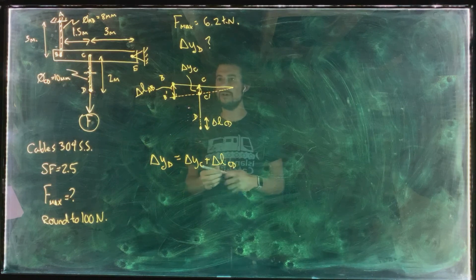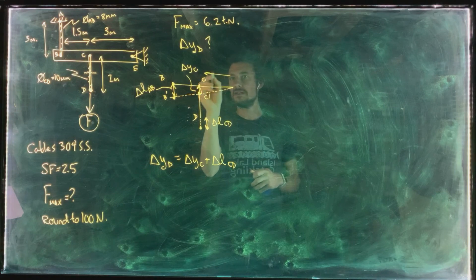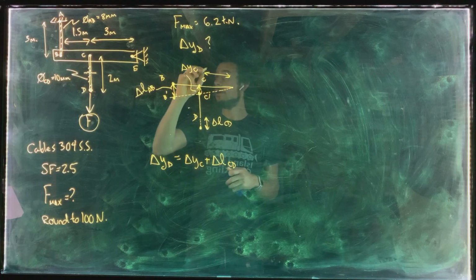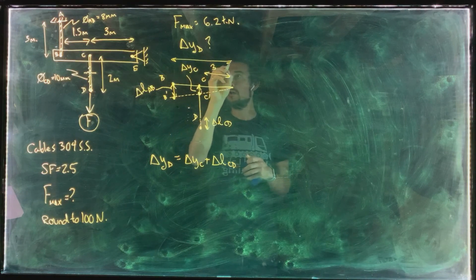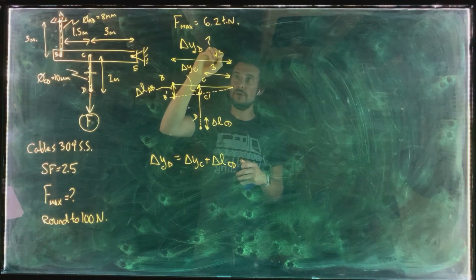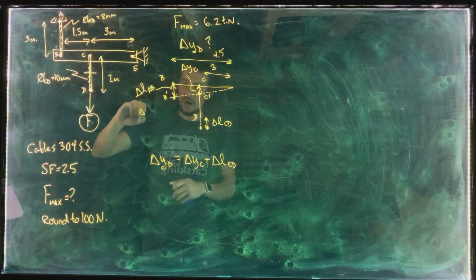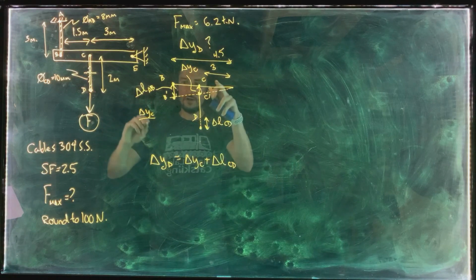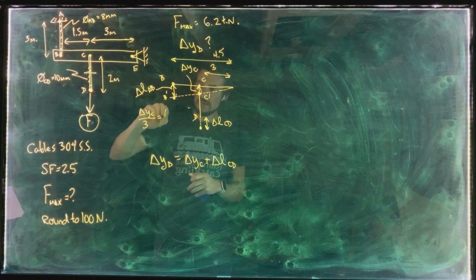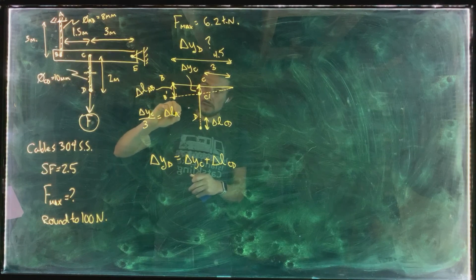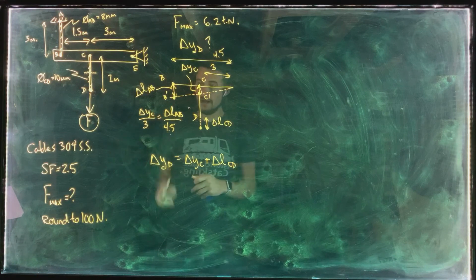got similar triangles here. We know that this distance here is 3 meters, and we know that the overall base length here is 4.5. So we can say that delta YC over 3 is equal to delta LAB over the total base length, which is 4.5, right?